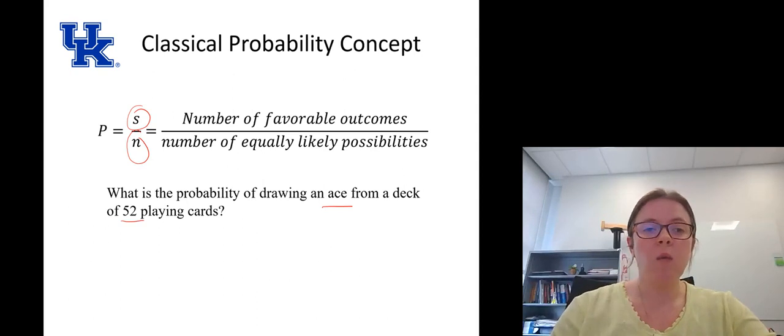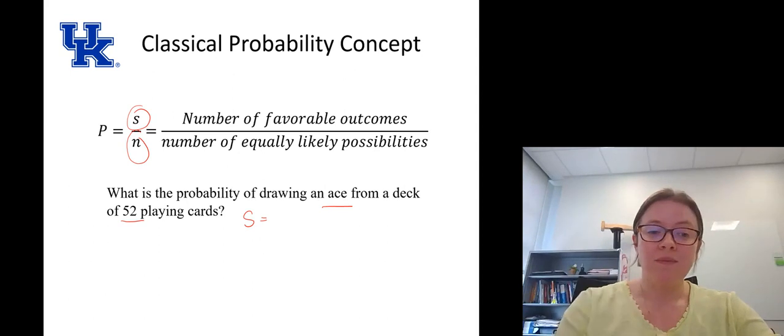Okay, so let's look at what is the S in our example. That's the number of favorable outcomes. Well, in our case, drawing an ace is the favorable outcome. And how many aces are there in a deck of 52 playing cards? Okay, there are 4. And what is our N in this example?